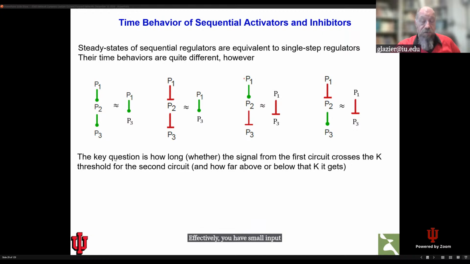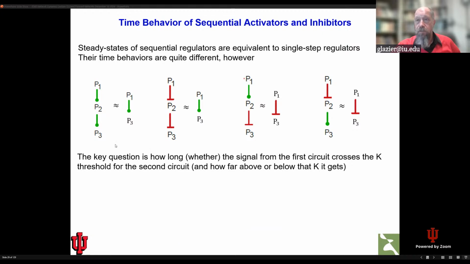For an increasing Hill function, your output is small. For a decreasing Hill function, your output is large. If P1 is above the Michaelis K, then for an increasing Hill function, your output is high. Decreasing Hill function, your output is low.